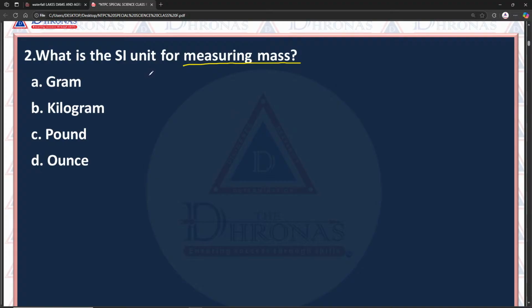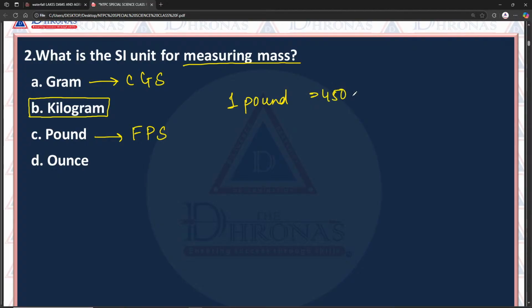The unit is kilogram, kg. Now ग्राम किस में यूज होता है? ग्राम यूज होता है CGS सिस्टम में. पाउंड यूज होता है FPS system. Now 1 pound is equal to 450 gram approx. 1 ounce is equal to 28 gram approx.